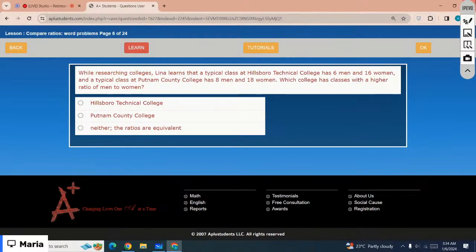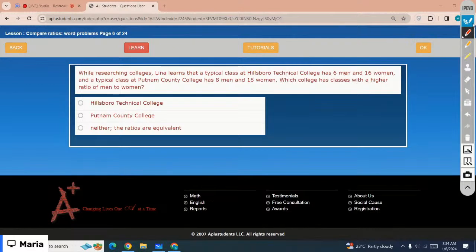Okay, let's just do it on the board, right? So, Hillsborough Technical College has 6 men to 16 women, and Putnam Country College has 8 men to 18 women.